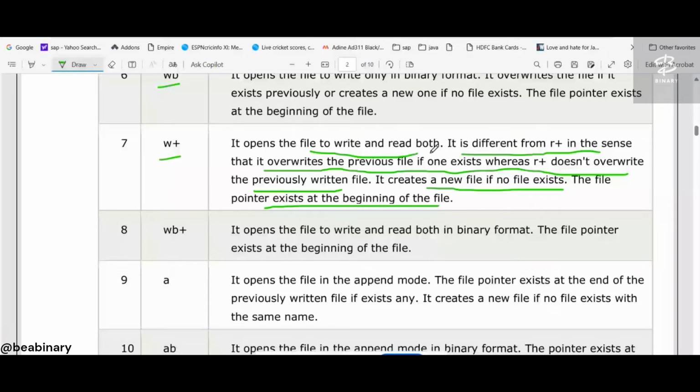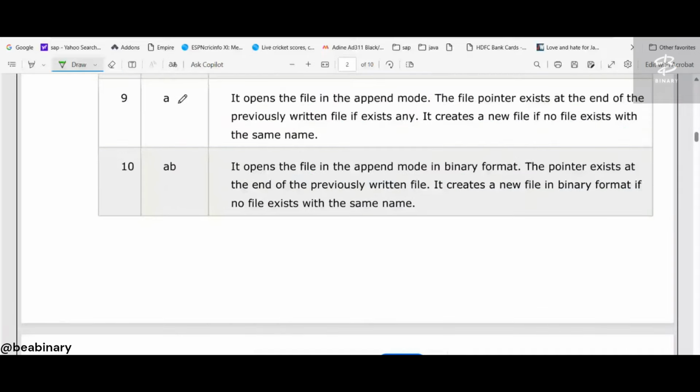Yes, and there is one special mode called A. What is the A mode? A means append mode. Append means there is something already there and you want to add some content to the already existing data. That technique is called append. For example, there are the characters A and B. I want to append other characters to it, for example, D and E. So what will I do?